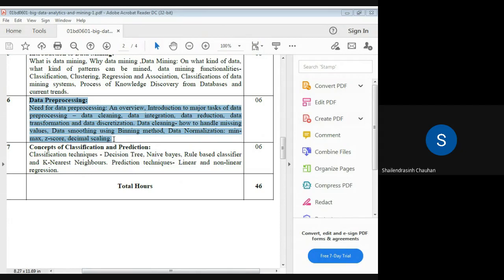It is possible that the data you collect has some kind of noise, or the values are not in an appropriate format, or some values are missing, or some values are unusual. You deal with all these things and make your data suitable for your data mining task, so that the results you get will be accurate. For this purpose, you perform data pre-processing.